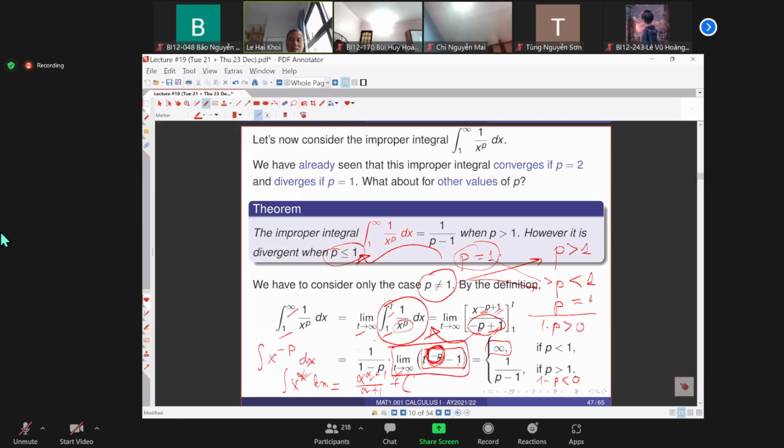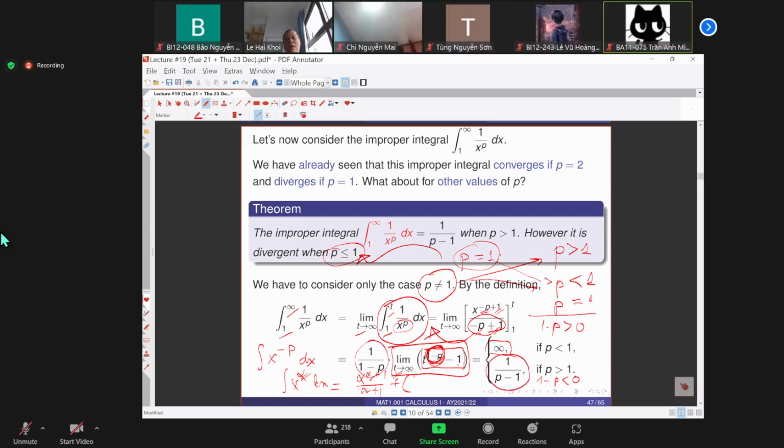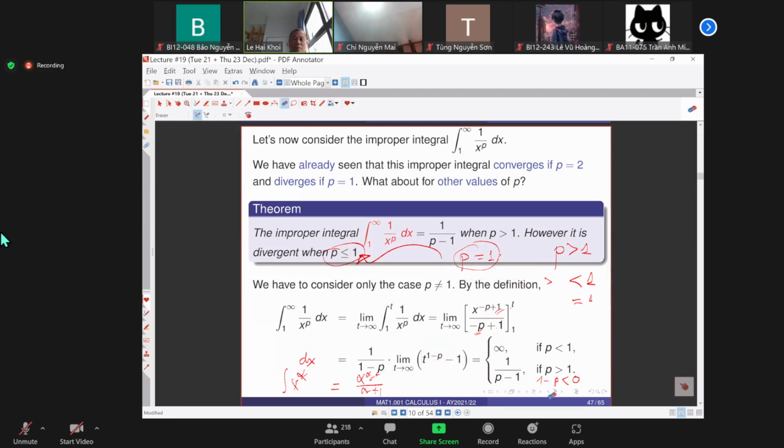Negative 1 together with 1 over 1 minus p gives you 1 over p minus 1. Now everything is done. For the case p different from 1, we have this result: less than 1 diverges, bigger than 1 converges.